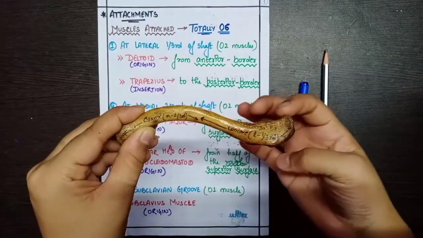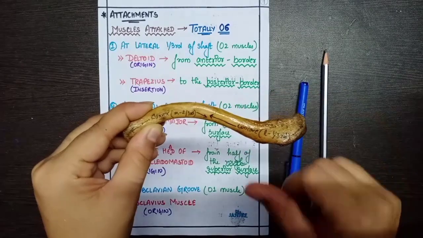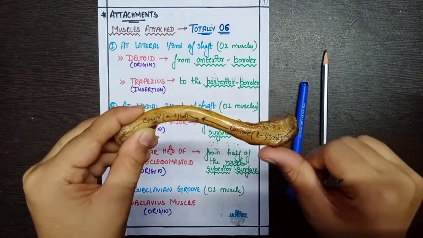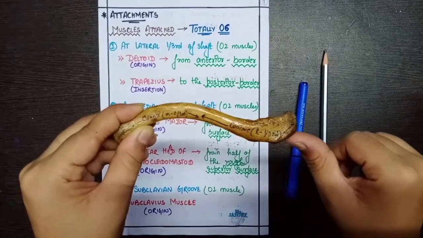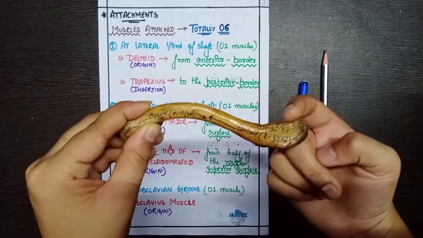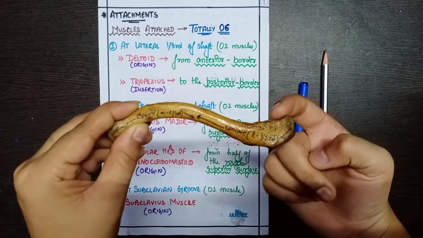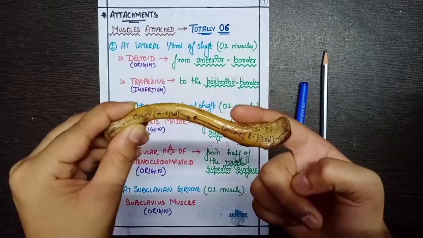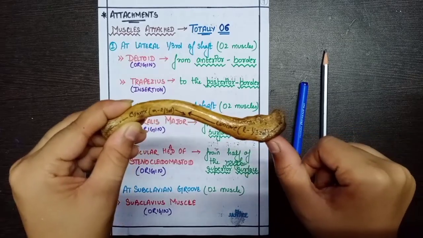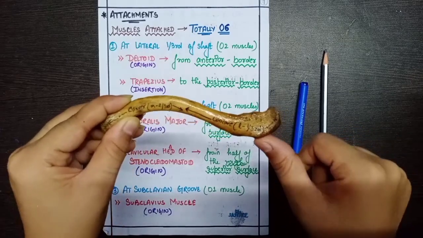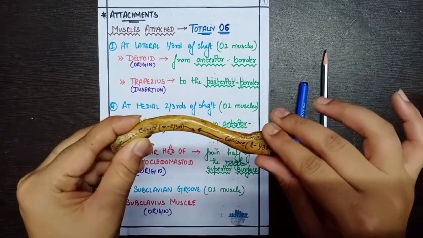From the posterior border of the lateral shaft, your trapezius is inserted. The deltoid originates from the anterior border of the lateral shaft of the clavicle, whereas the trapezius is inserted into the posterior border of the lateral 1/3 of the shaft of the clavicle. That is all about the lateral 1/3.